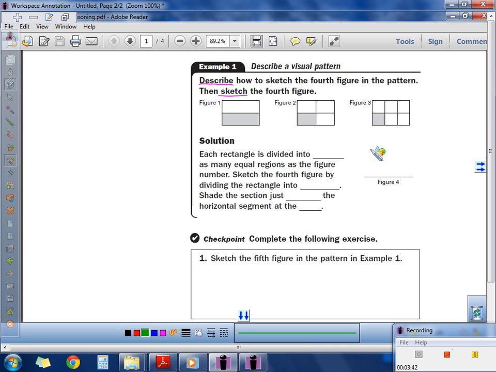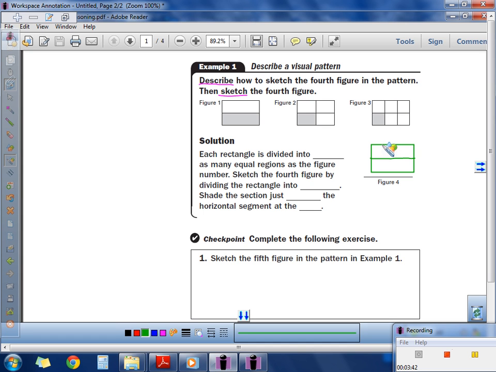So let's see if we can draw this real quick. We have our rectangle. We already know that we have a horizontal line through the middle. But then you have to determine how many vertical pieces to draw. Here we had 0 vertical pieces. Here we had 1, then 2 vertical pieces.